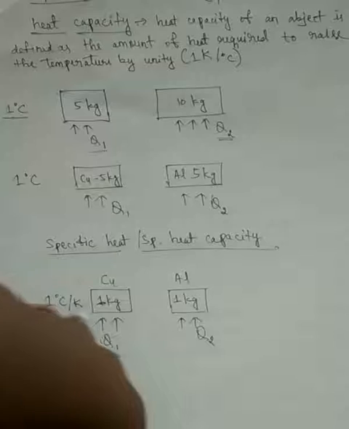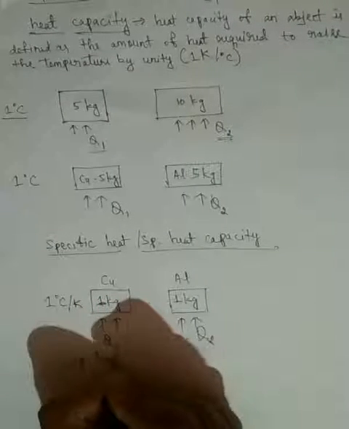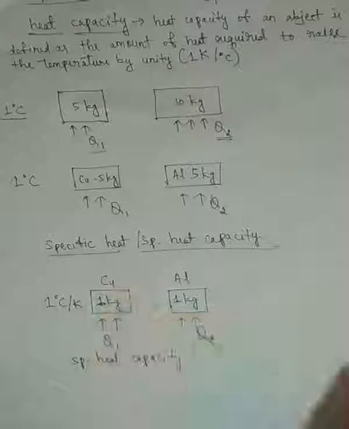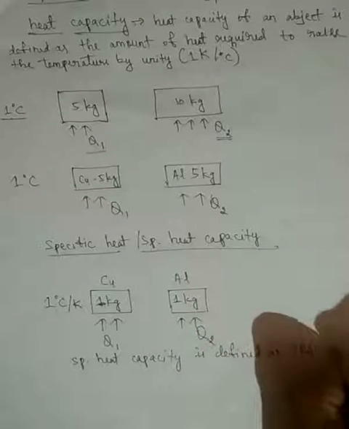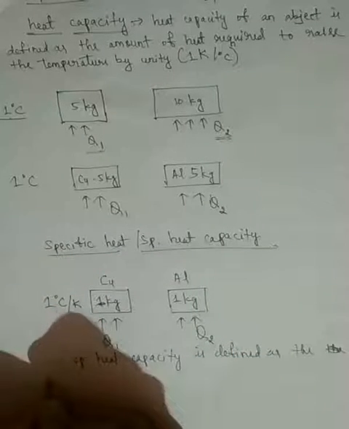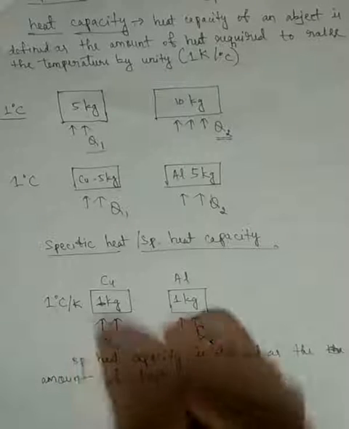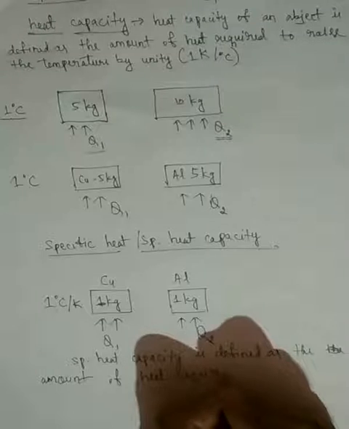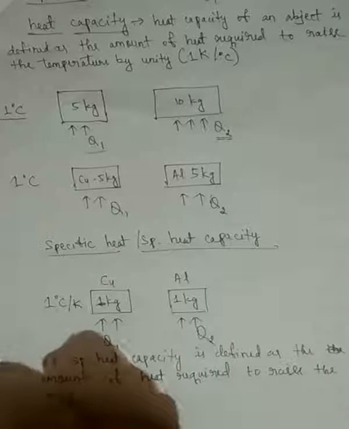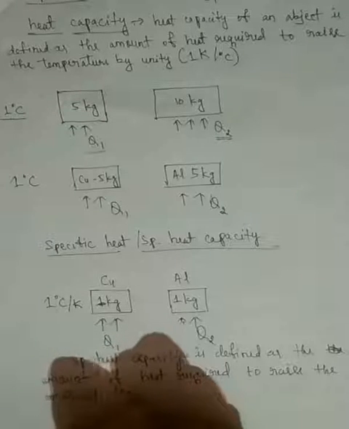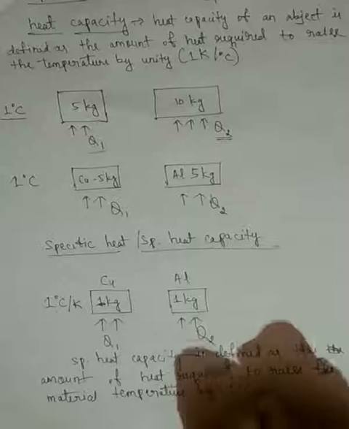Let us read the definition. Specific heat capacity is defined as the amount of heat required or supplied to raise the material temperature by 1 degree Celsius or Kelvin.